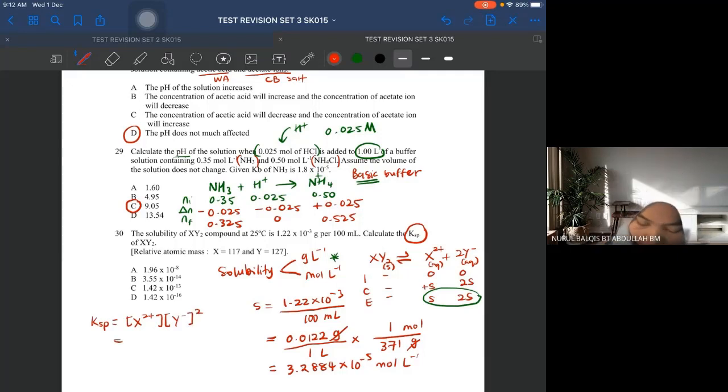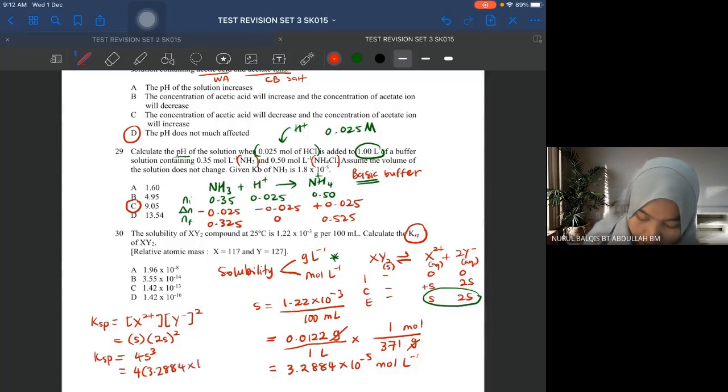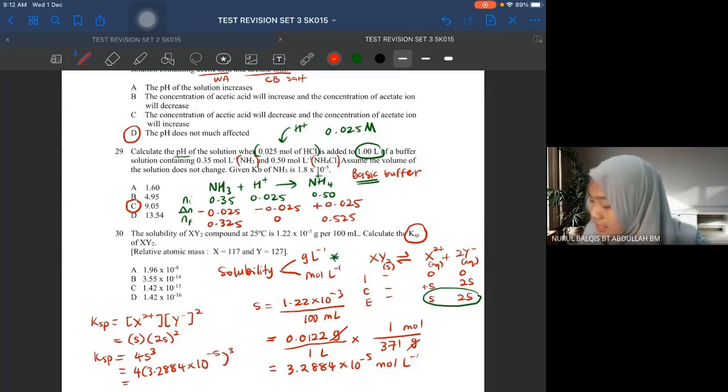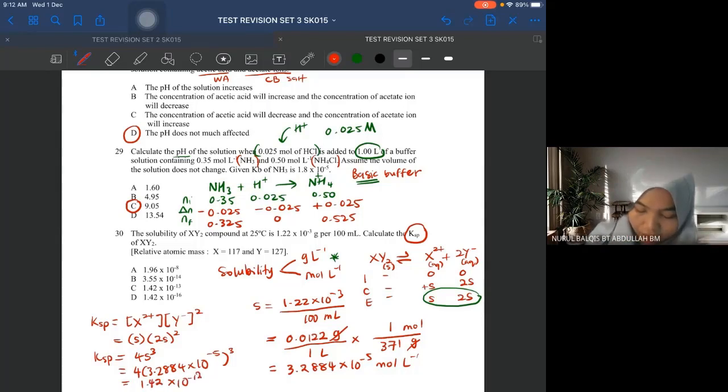So our X2 plus contains only S, and our Y is 2S raised to the power of 2, then you will get 4S cubed. We are just about to find the Ksp, so just substitute the value: 4 times your S, which is 3.2884 10 to the power of negative 5, raised to the power of 3. Lastly, you will get 1.42 10 to the power of negative 13. So the answer will be C. Okay, that's all.